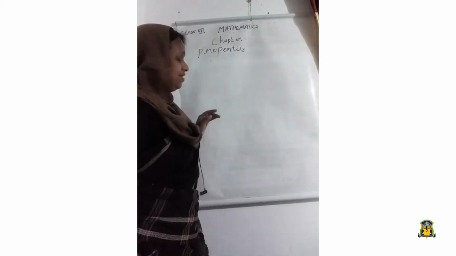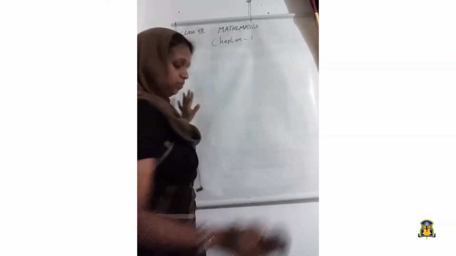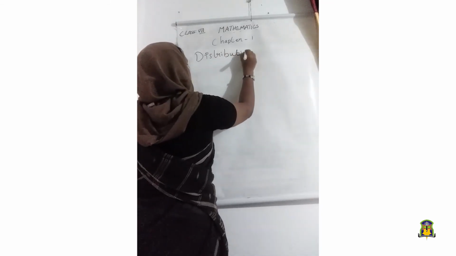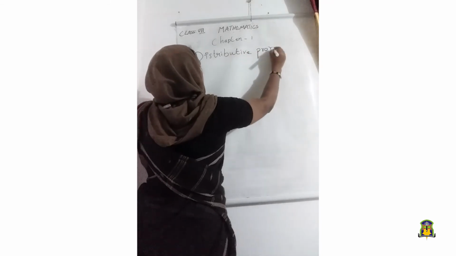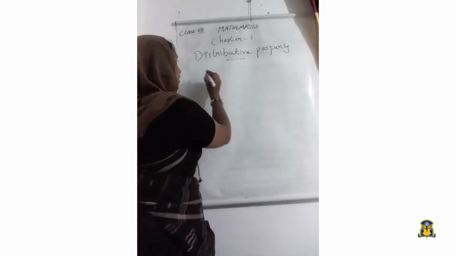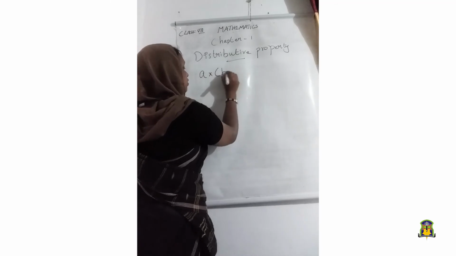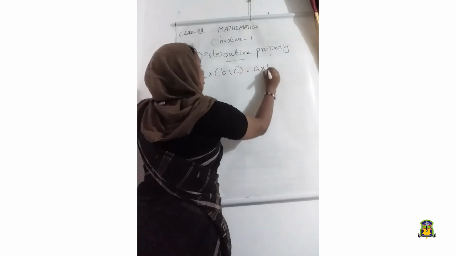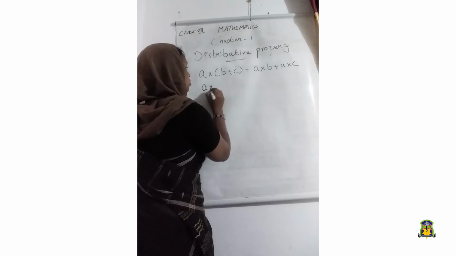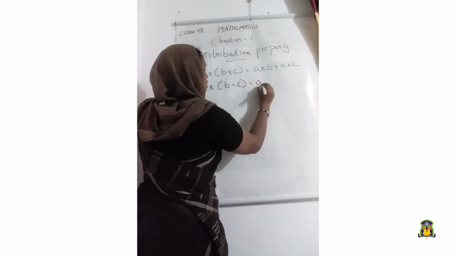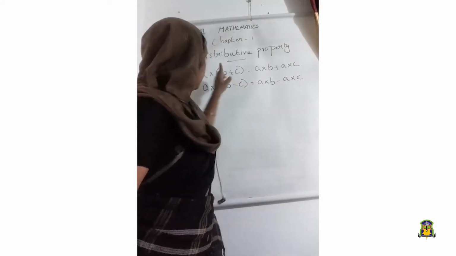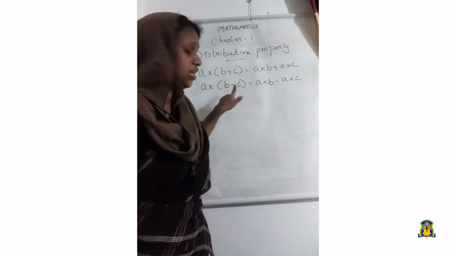Okay, next we can discuss the distributive property. We can define it as A into (B plus C) is equal to A into B plus A into C. Next, A into (B minus C) is equal to A into B minus A into C. This distributive property is over addition and subtraction only.